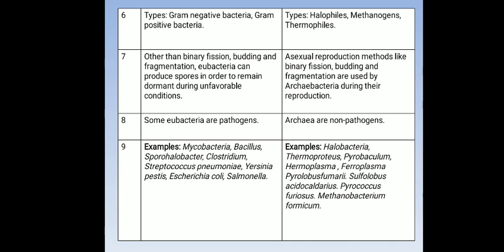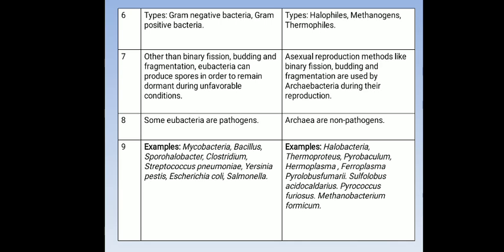Then eubacteria are of two types. They may be gram positive or gram negative bacteria, but archaebacteria are of three types. They may be halophiles, methanogens, or thermophiles. The next point is about reproduction.